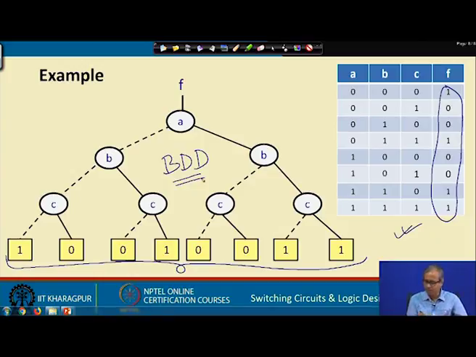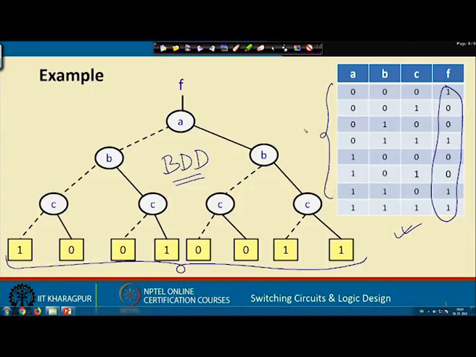One problem with this representation is that the size of the truth table is exponential: for an n variable function, the number of rows is 2 to the power n. For the same reason, the number of terminal nodes here will also be 2 to the power n. So, the size of this binary decision diagram will be exponential in n.